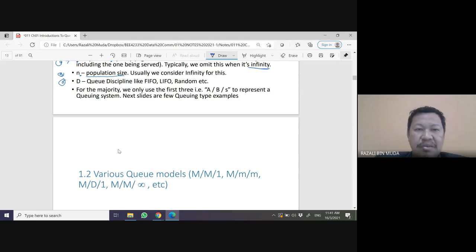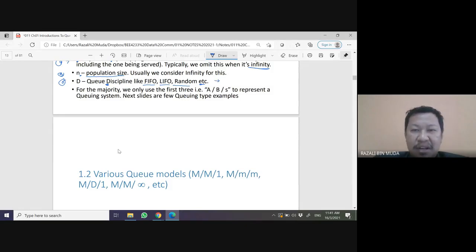D is the discipline, the way the queue acts or behaves. D is the queuing discipline like FIFO, LIFO, random, etc. We have FIFO, first in, first out, and LIFO, last in, first out.